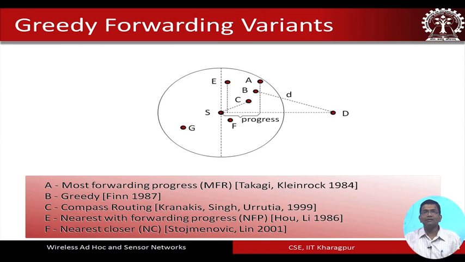Let us look at other greedy forwarding variants. As we can see over here, we have S, we have D, and other nodes like A, B, C, F, G, E, all of whose positions are known or can be known, and as before the positions of S and D are also known.